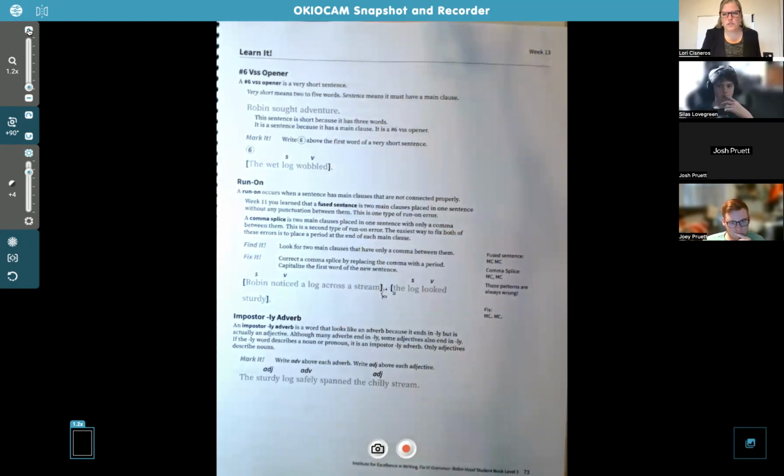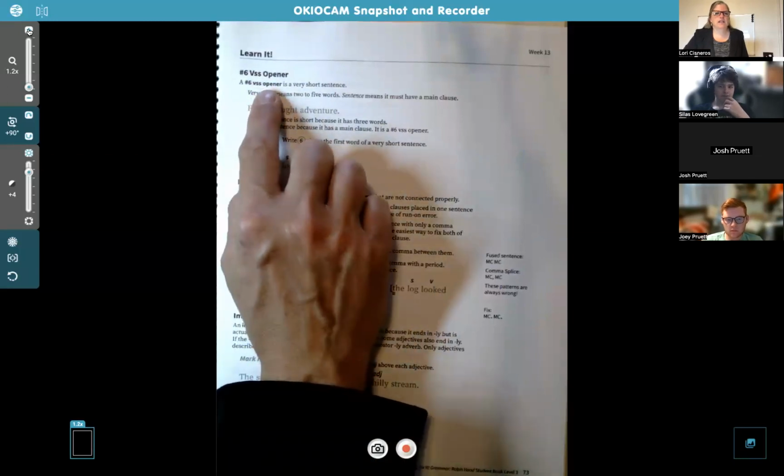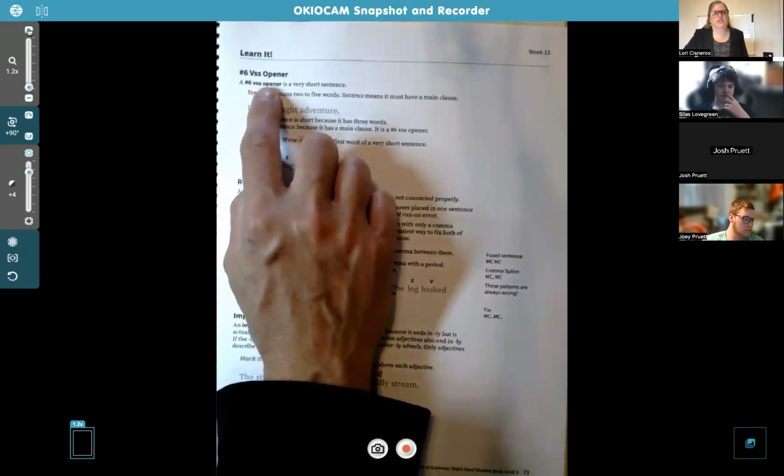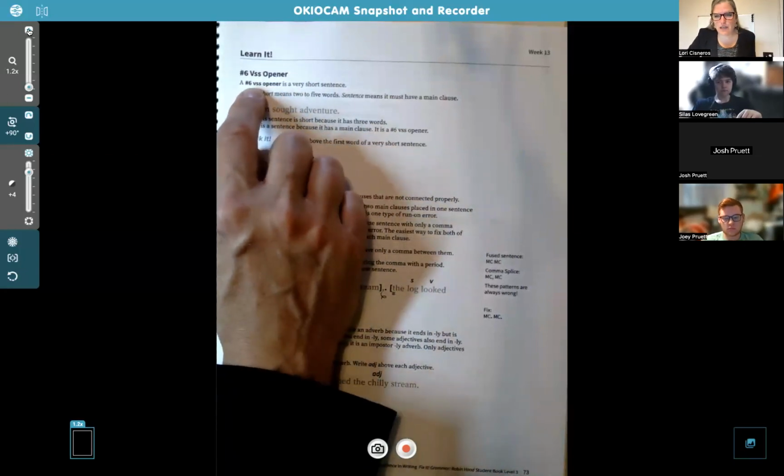This is something that's only unique to this particular program. So it's cool. And I know I've told you this before, different openers like LY opener or clausal opener. There's lots of different ones. There's 6 total. So this is the 6th one. VSS stands for very short sentence. So yeah, that's what they came up with.